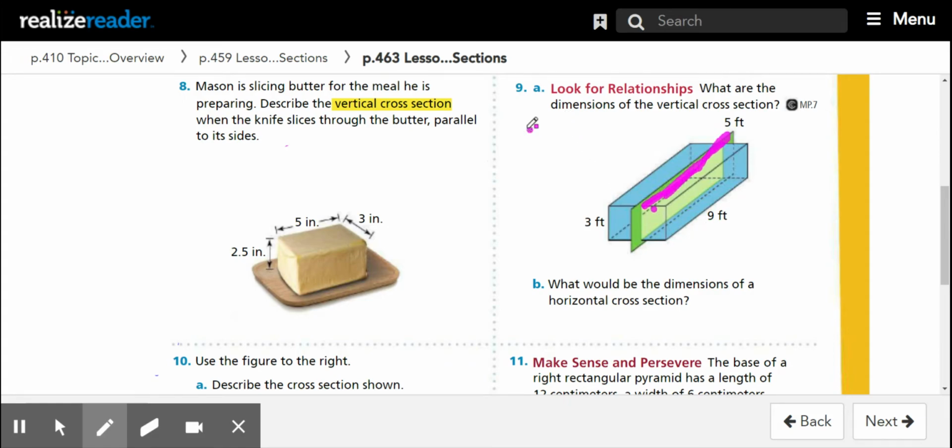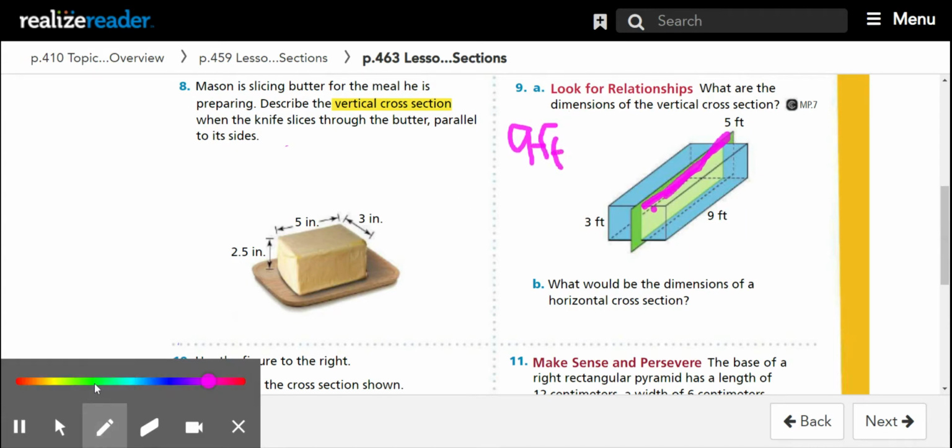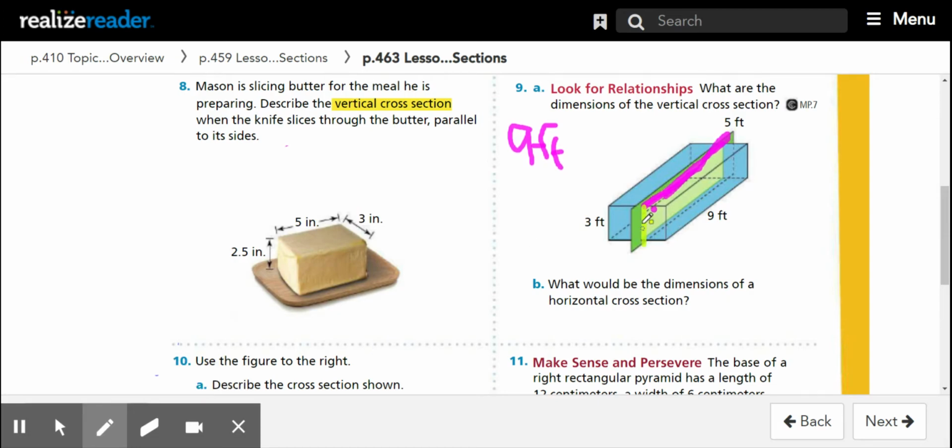So that would be 9 feet. And then the other dimension is going down. So I have to look over to my shape and think, okay, this dimension here is the same as this length, which is the same as this length. So it's 9 feet by 3 feet.